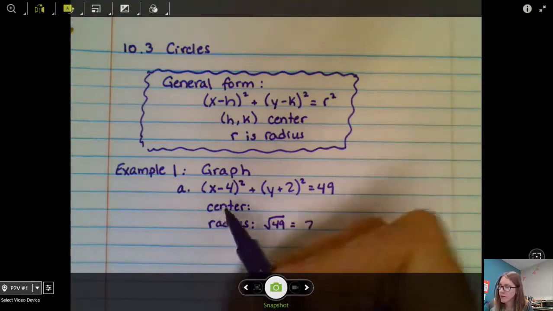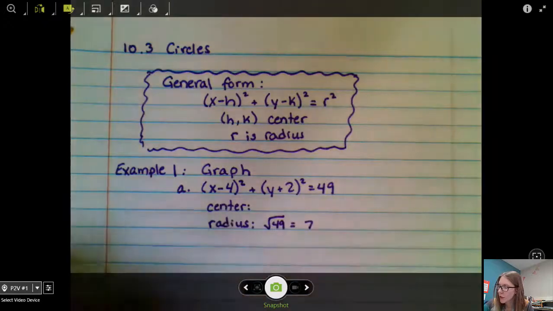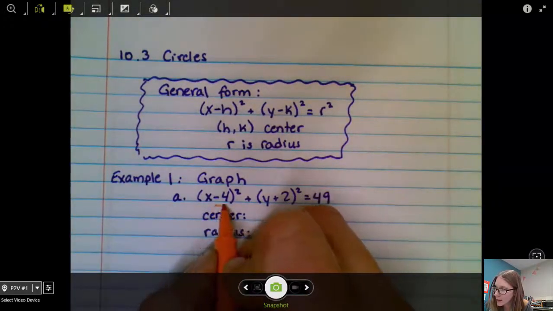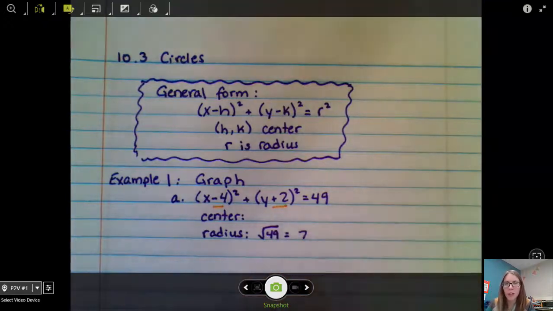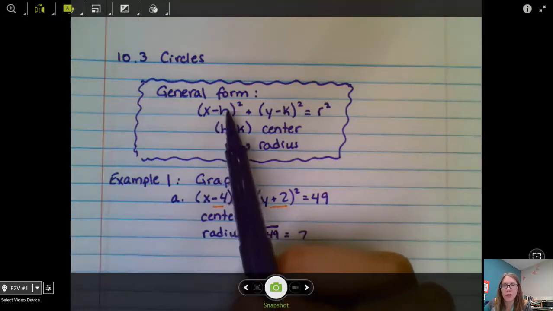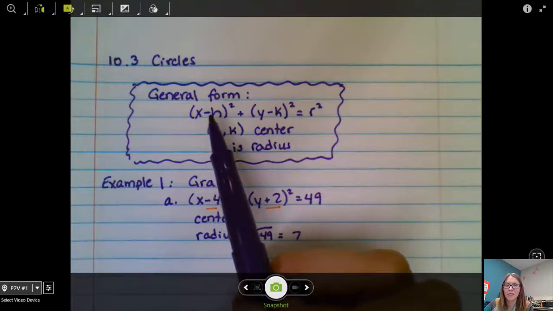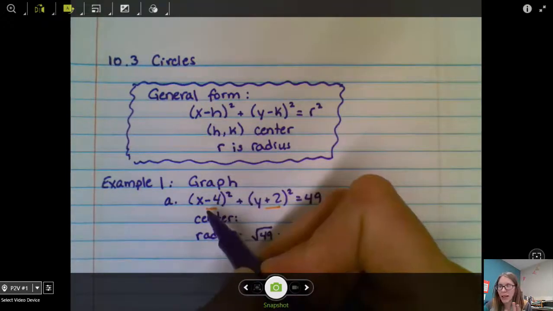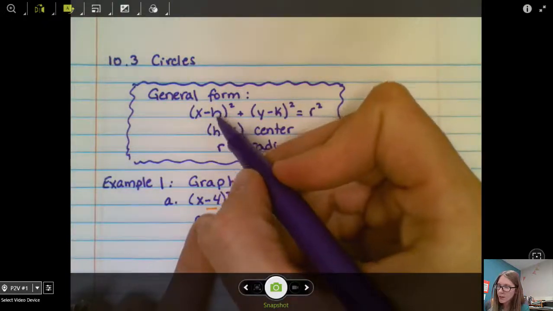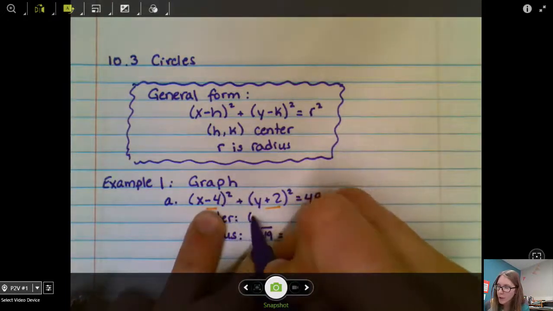The center is determined by these two numbers. And if you think of transformations, it works kind of in the same way, where x minus h, whatever this number is, if it's minus, we move to the right. So our center x value is positive 4.